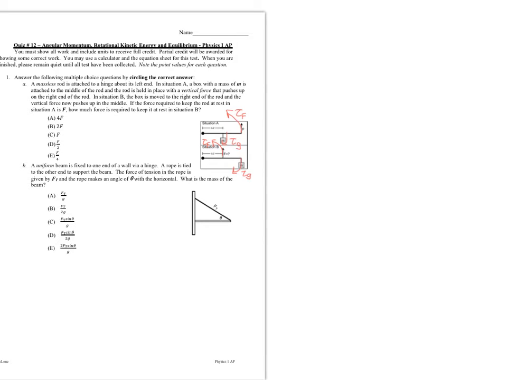Because we're told that in situation A the force is F, and we want to know what the force will be in situation B. So I'm going to start with situation A here. So the torques must be 0. So the torque from the force minus the torque from gravity must equal 0. Torque, we remember, is always going to be that rF sine theta equation. So we're going to be coming back to that equation as we sub in for the torques from each of those forces.